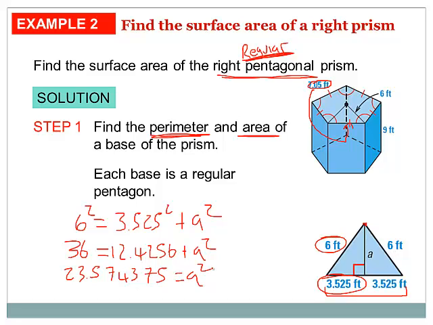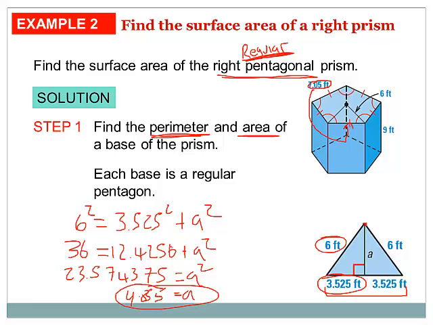Don't round until the very end, because if you round too early, it's going to mess up the final answer, and you'll probably be a couple units off. Okay, so taking the square root of that, your apothem is approximately 4.855.